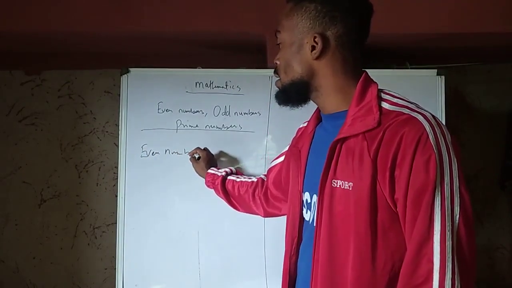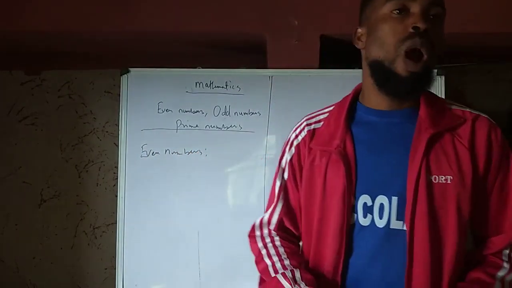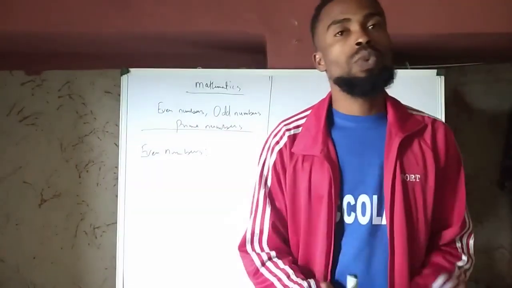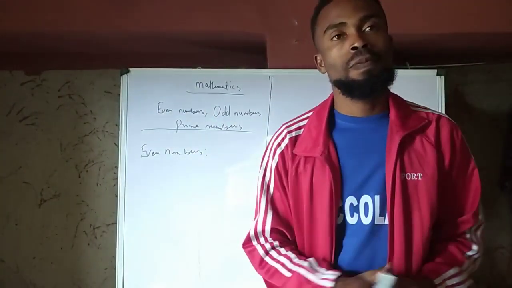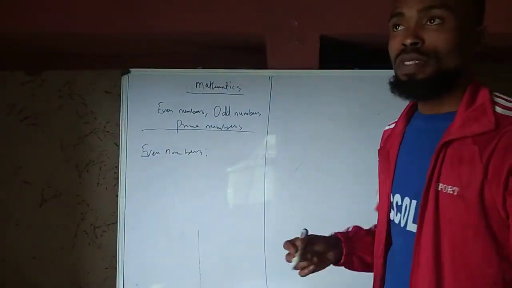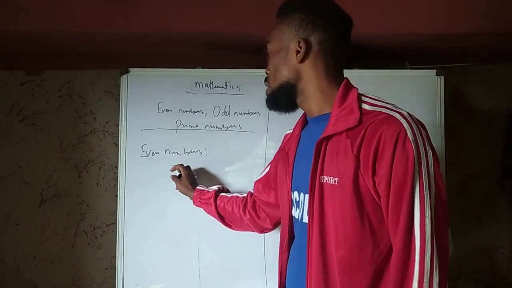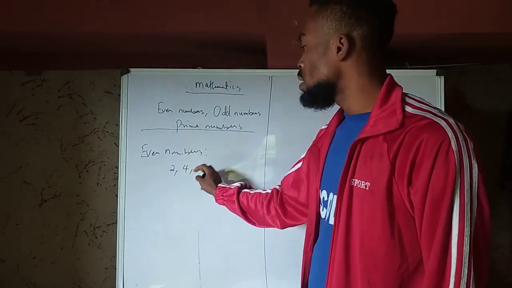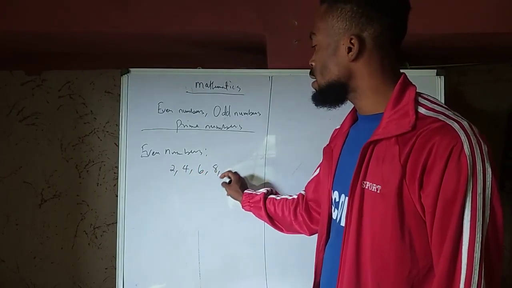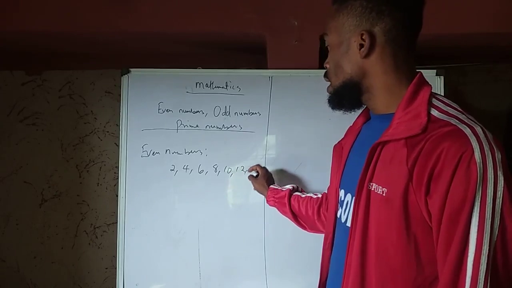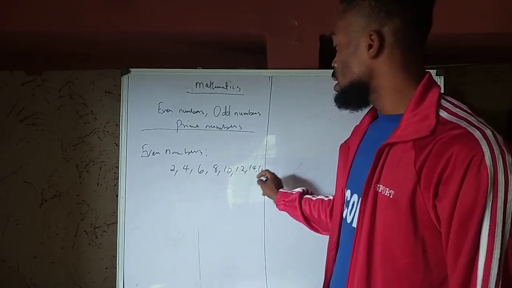Even numbers are simply numbers that can be divided by 2 without a remainder. Examples of even numbers are 2, 4, 6, 8, 10, 12, 14, 16.